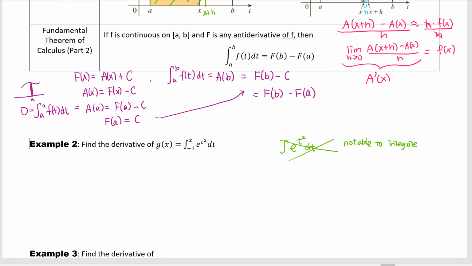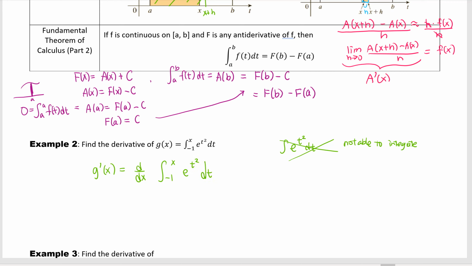You cannot integrate this guy, find the antiderivative, and then plug in x minus plug in -1. We're not able to do that. However, we can use the Fundamental Theorem of Calculus part 1. So what is the derivative? Well, that's the derivative of g of x, the integral from -1 to x of e to the t squared dt.